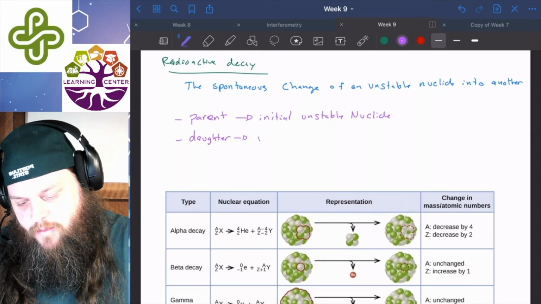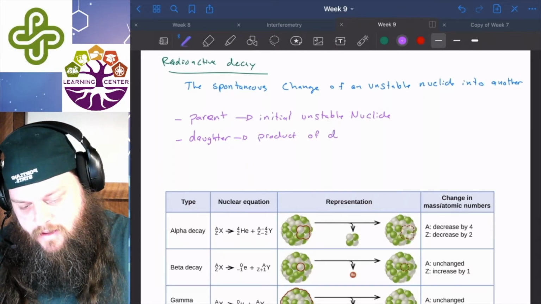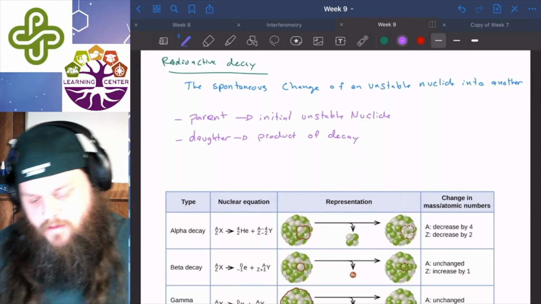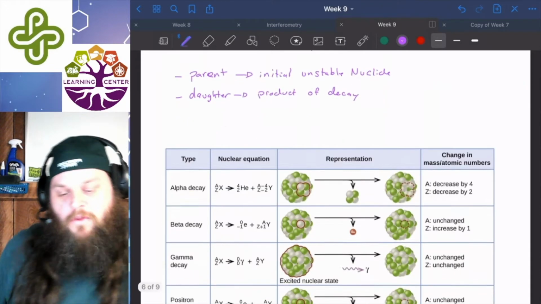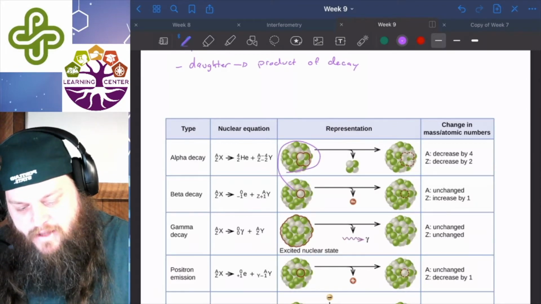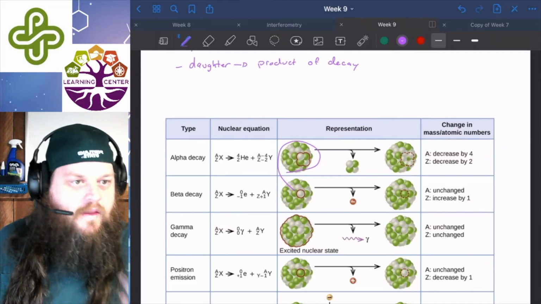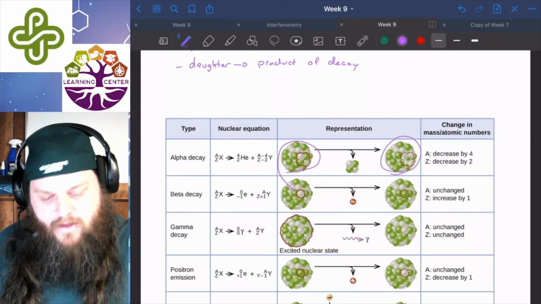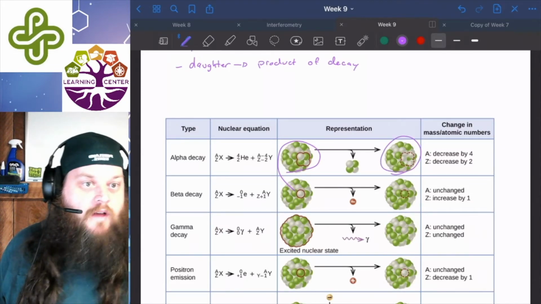This is the product of decay. So going through this list here, we can see the left-hand side is always going to be the parent. The right-hand side is always going to be the product, or the daughter.